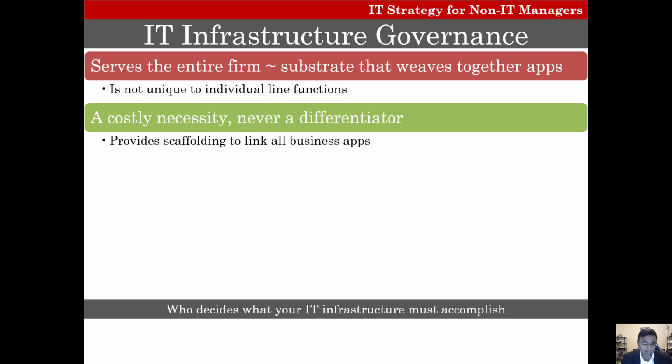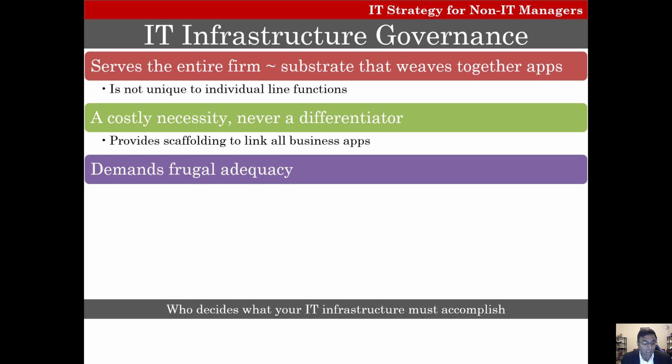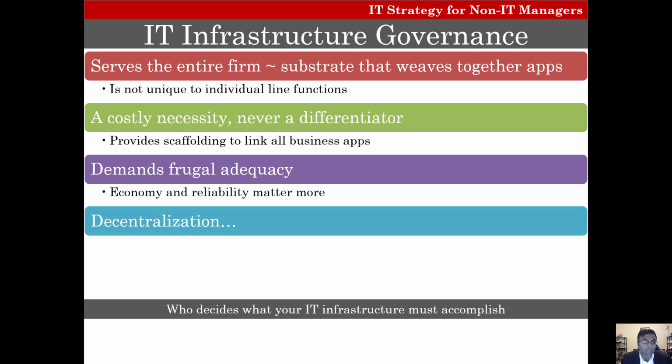As we talked about, it's a costly competitive necessity, but it's not a differentiator. Economy and reliability matter more than tailoring an IT infrastructure. The infrastructure decisions draw deeply on technical knowledge as well as a holistic understanding of your entire firm's portfolio of IT assets.